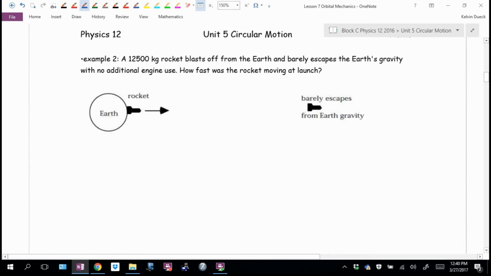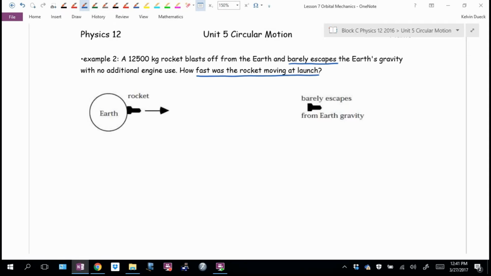Like example 2, a 12,500 kilogram rocket blasts off from the Earth and barely escapes the Earth's gravity. How fast was the rocket moving at launch? Okay. Is this question asking me how much work? No. In fact, what's this question asking me to find?